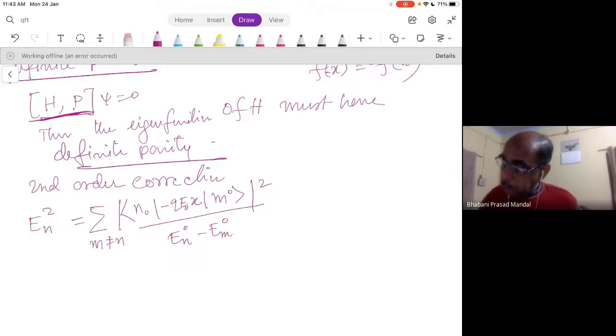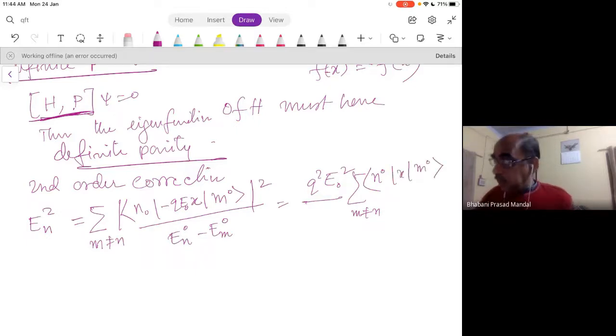Okay, this I can write as q squared E0 squared. So I take this common constant outside, and then we have the summation over m not equal to n of the mod square of n0 x m0, over E_n0 minus E_m0.